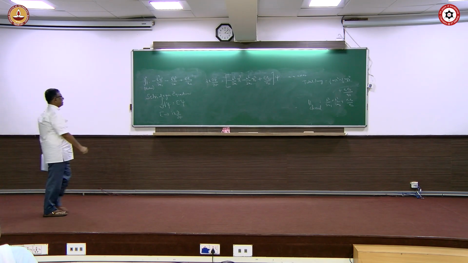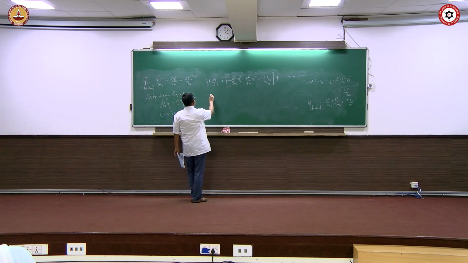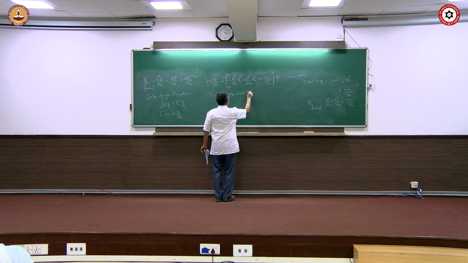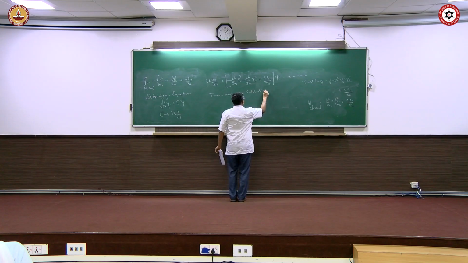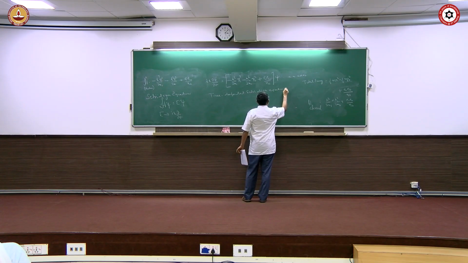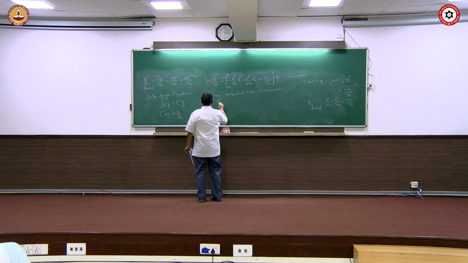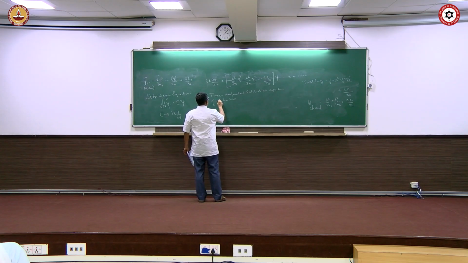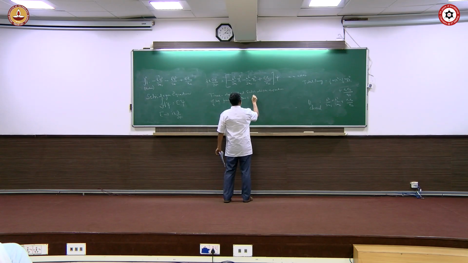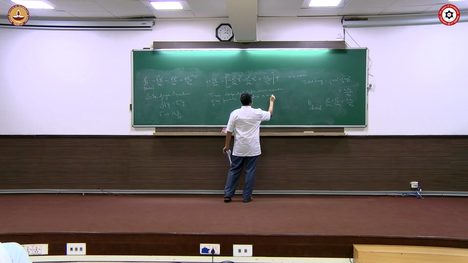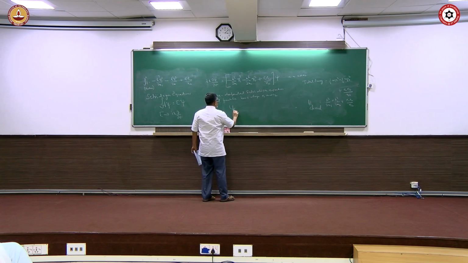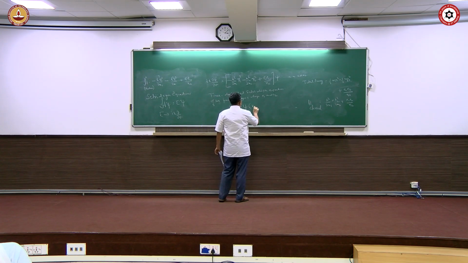You will see that there is a time here. This is the time dependent Schrodinger equation of two particles having charges E1 and E2. So your wave function, the solution to this equation psi, will be a function of x, y, z as well as time.